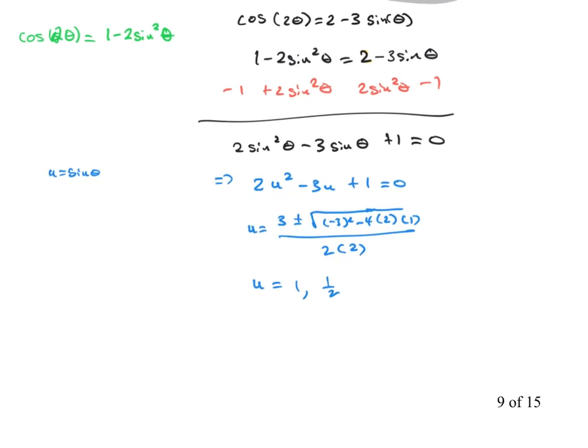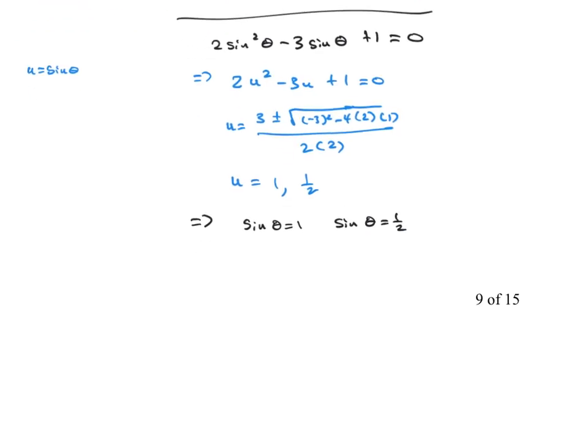But the idea of u substitution is that we go back, and instead of u, we know u is sine theta. So this is where sine theta is equal to 1, and where sine theta is equal to 1/2. Okay, so I need to think about those values. Sine is my y values, so when in the unit circle is sine of theta equal to 1? The y value is 1 right here. That's the point (0, 1). That's at theta equals pi over 2.